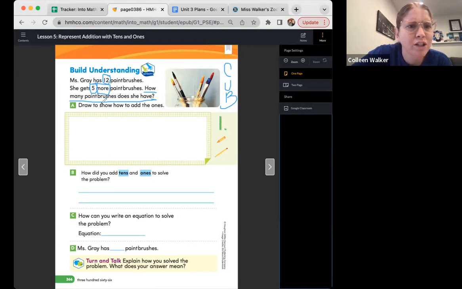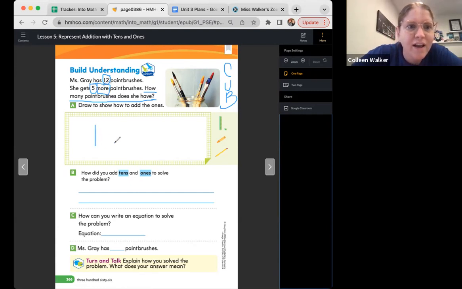And now it says draw to show how to add the ones. Okay, so we know that she starts with 12 and then she gets 5 more. So let's go ahead and draw 12. In the number 12, how many tens are there? That's right.